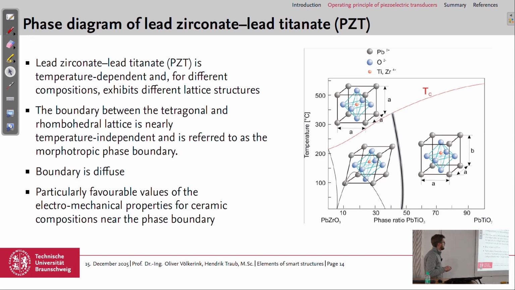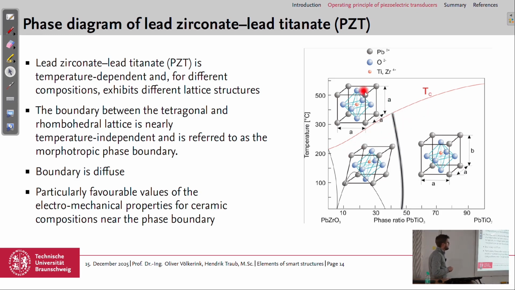I'd like to introduce this at the example of the lead zirconate titanate, PZT material. Here in this phase diagram, we have the cubic lattice, which is above this line, which is Tc, the Curie temperature.